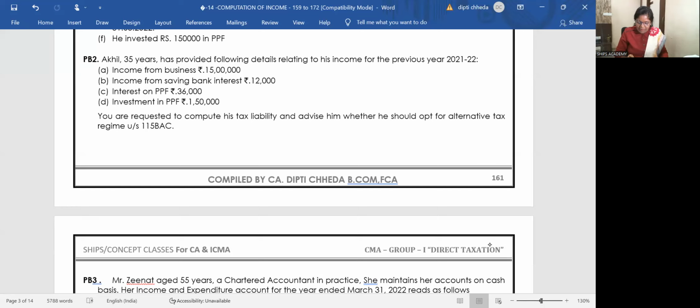Income from savings bank interest. 80TTA 10,000, will it be given? No. Interest on PPF is exempt. Investment in PPF, ma'am, 80C is not given, right? If you go for the alternative tax regime, you are requested to compute the tax liability and give your valuable advice whether you should opt for this or this.